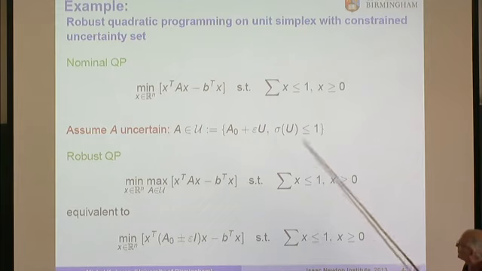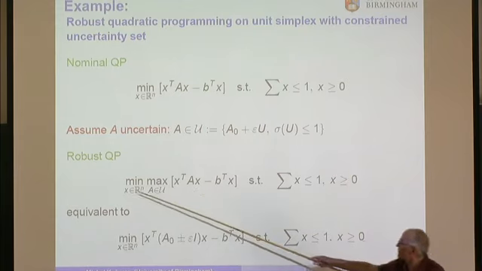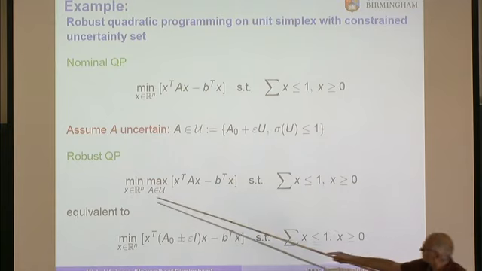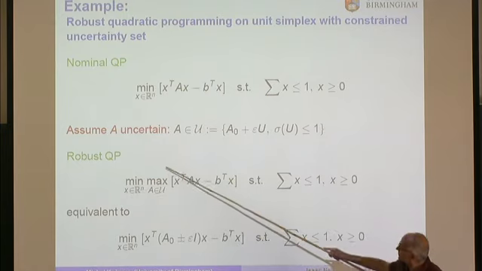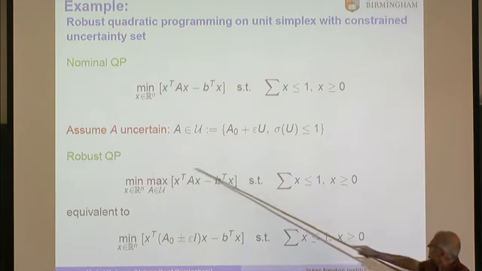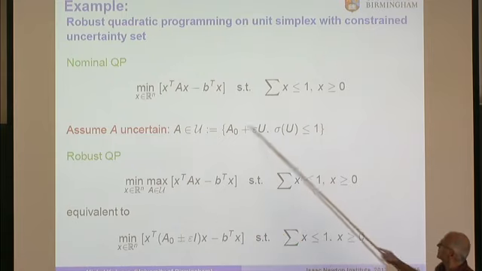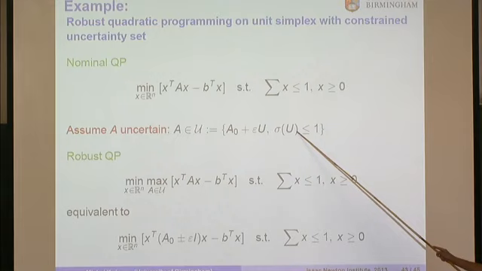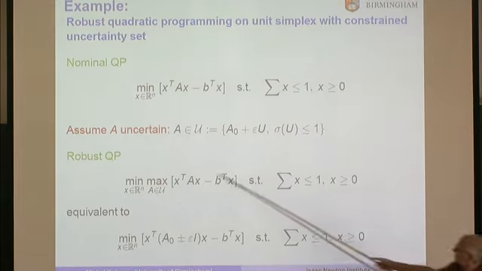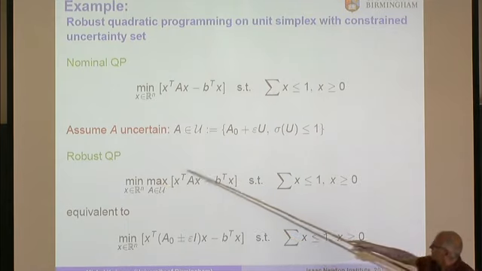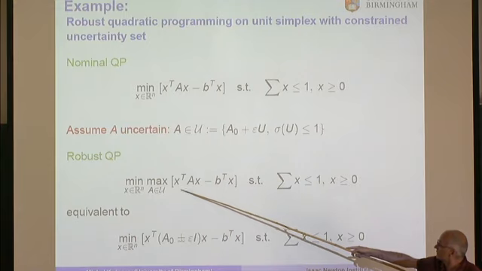This is in fact a trivial problem, because if you define the robust counterpart, what is it? We minimize the quadratic function, but we minimize the worst case quadratic function. The maximum is taken over all the matrices from that uncertainty set, subject to the original constraints. And it's easy to see that you can solve the maximization problem directly.